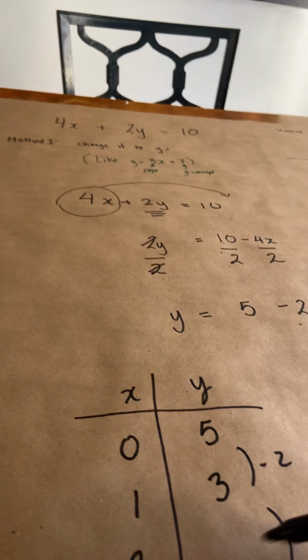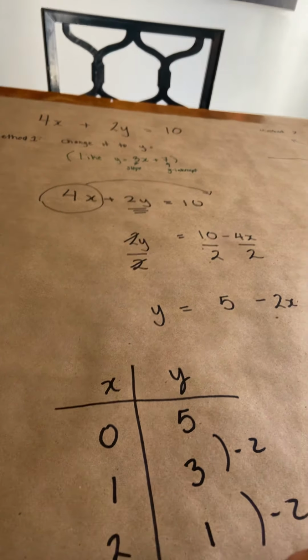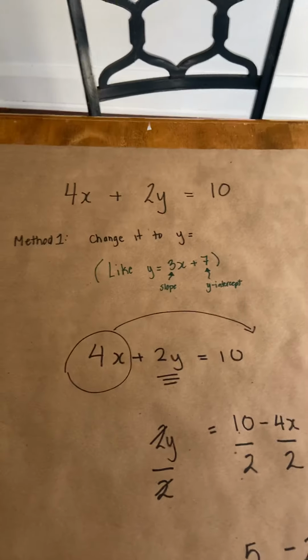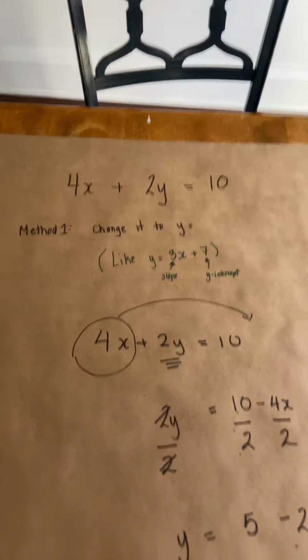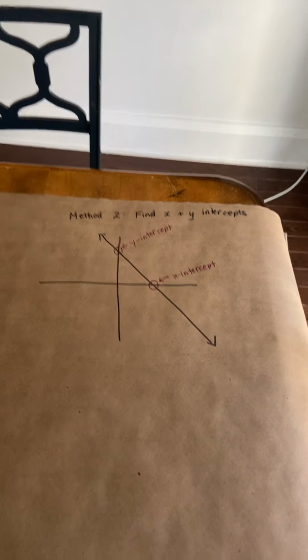So 3, 1, negative 1. We could easily graph that. So that is method 1. If you have an equation that's not y equals, you could change it to something that is y equals. That's one way. The other way is to find the x and y-intercepts.